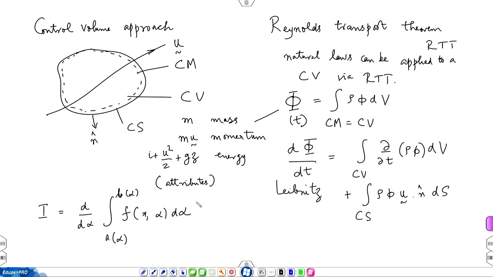So, we are talking here alpha is just time in our Reynolds transport theorem, and the integrand depends on position as well as time.